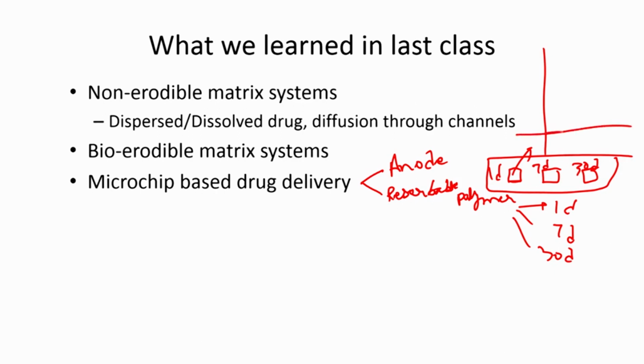At first it will be 0, at day 1 it will suddenly burst and release whatever it is. Once this membrane degrades, it will again be 0, then it will release again, and the same thing again, depending on how much you have and what time points you are looking at.